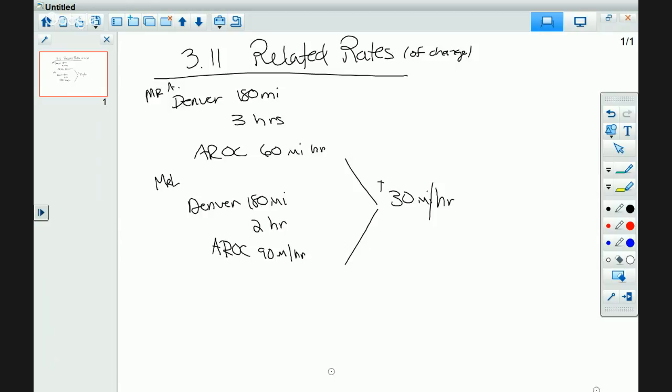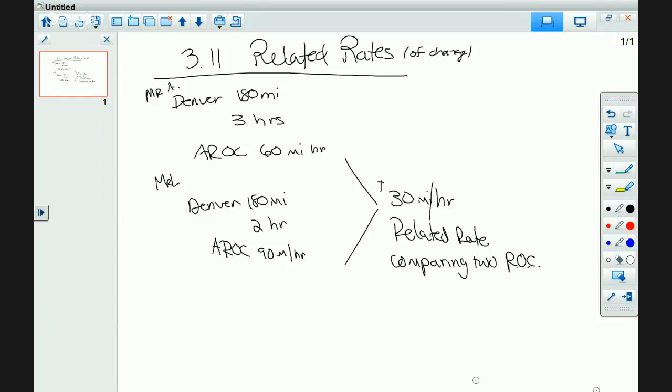That is called related rates. We have just related two different rates, right? That's a related rate. Basically, we are comparing two rates of change.